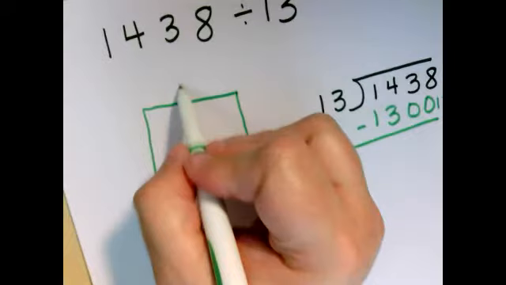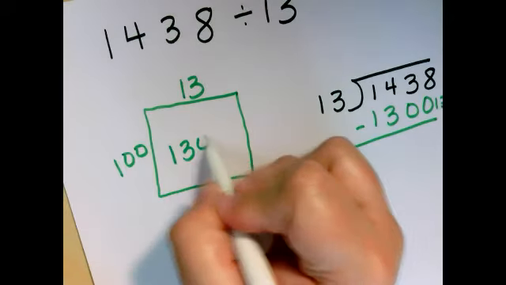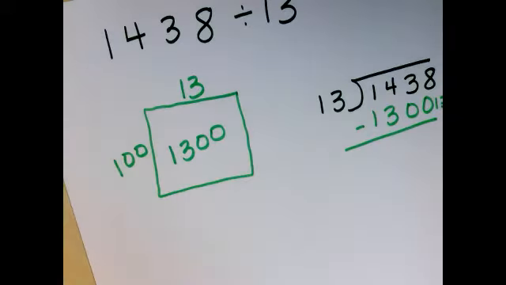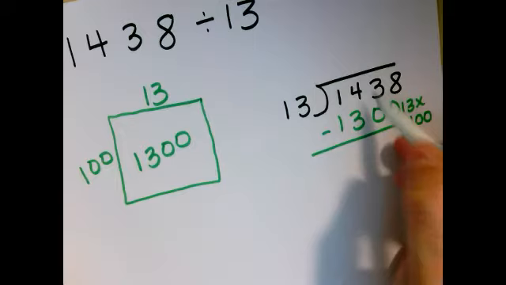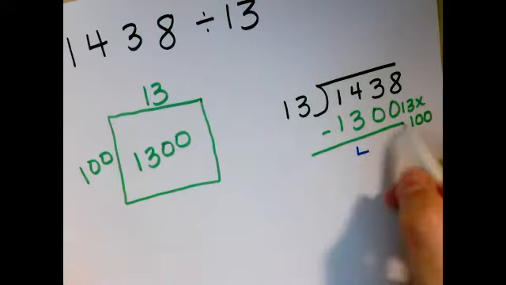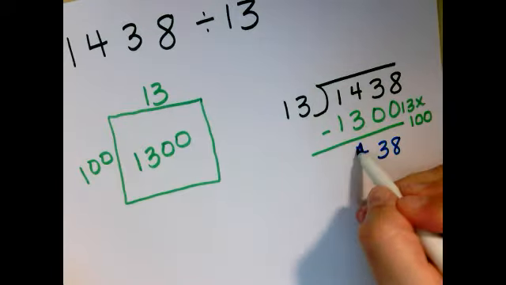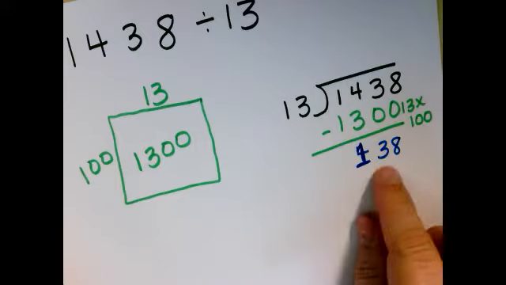So I know that 13 times 100 is 1,300. Okay, and then I need to do some subtraction here. So when I take away 1,300, that should be a 1. I end up with 138.